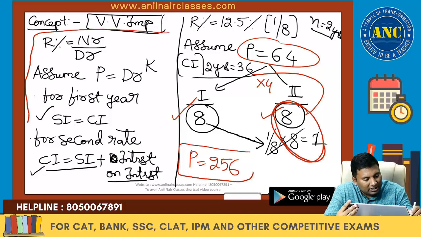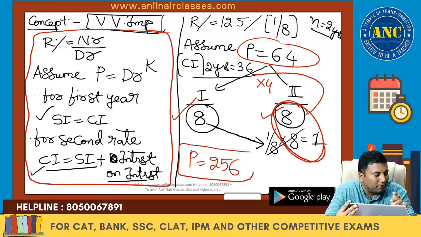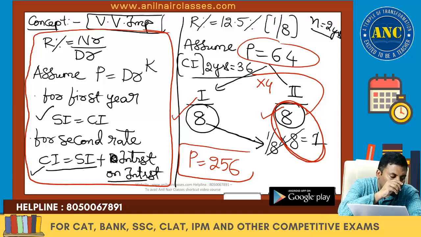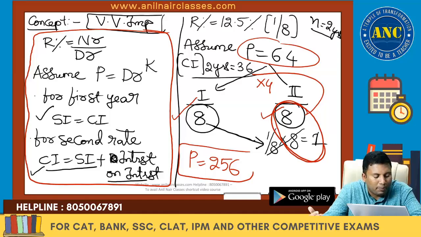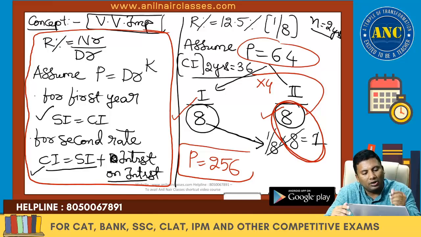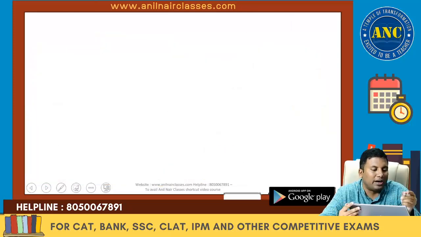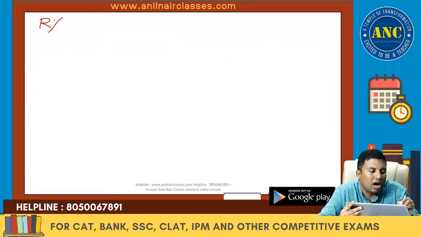If R percentage is numerator by denominator, assume principal equivalent to denominator power k. Please write down this. Next one, by using this one, you can solve any questions of this format.